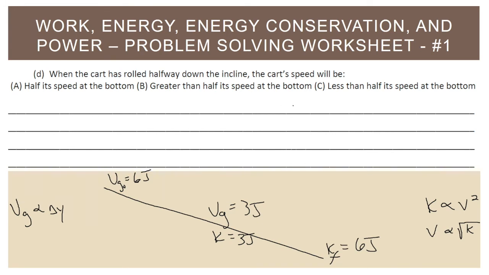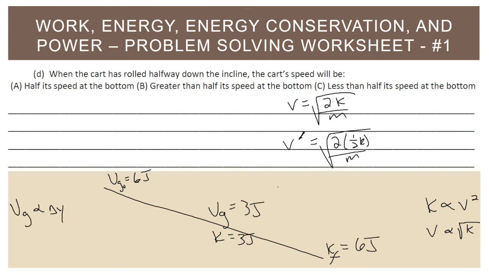Because notice, if we say here that originally, or at least at the bottom of the ramp, the speed is the square root of 2k over m, well, halfway up the ramp, the kinetic energy is half of this 6 joules. It's 3 joules. And so thinking about this like a 1-1-1 rule problem, we would say, well, this v prime is the square root of 2 times half k over m.